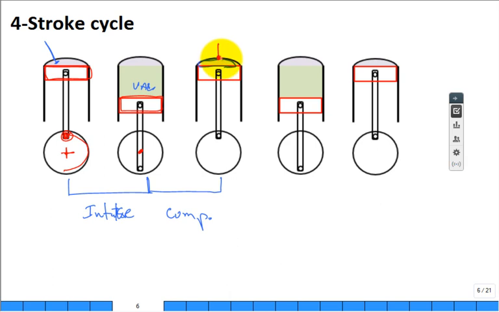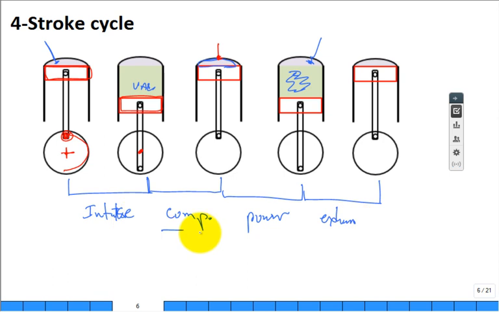The engine control module sends a little spark, boom, it combusts, and then you have the expansion pushing down high pressure, high temperature exhaust products, and now you have a power stroke. All right? At the end, you crack open the exhaust valve, and you have 1 stroke where it's trying to push out most of the exhaust products. That's called the exhaust. So intake, compression, power, exhaust stroke. Those are the 4 strokes.